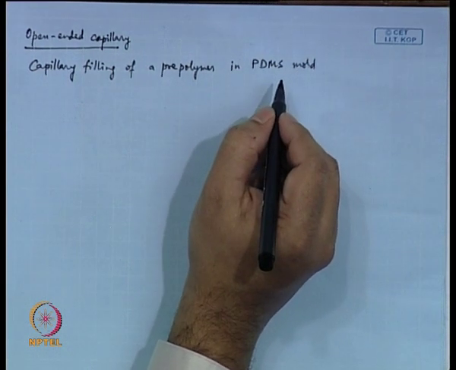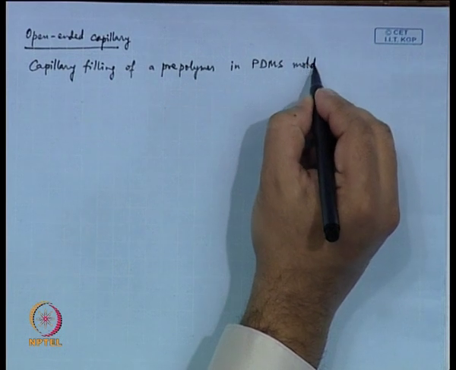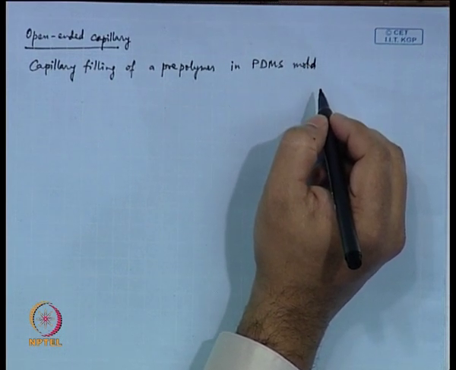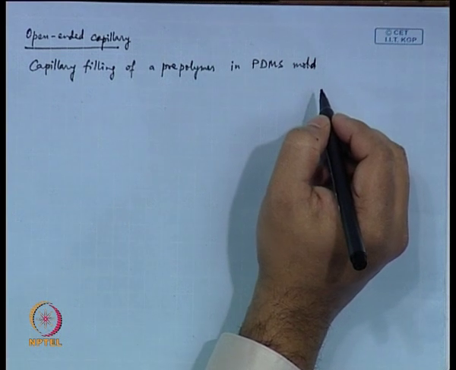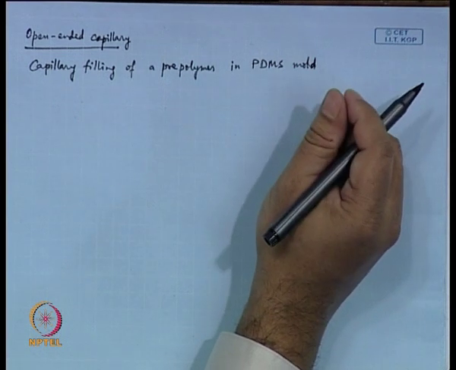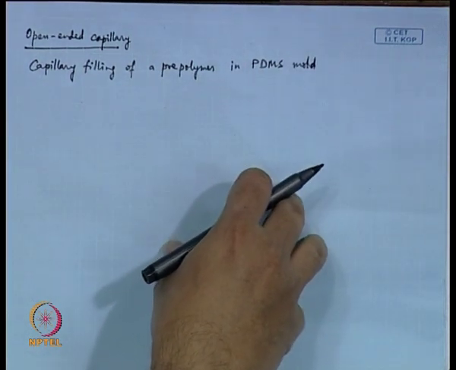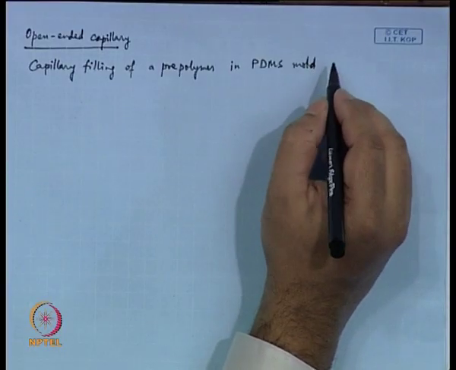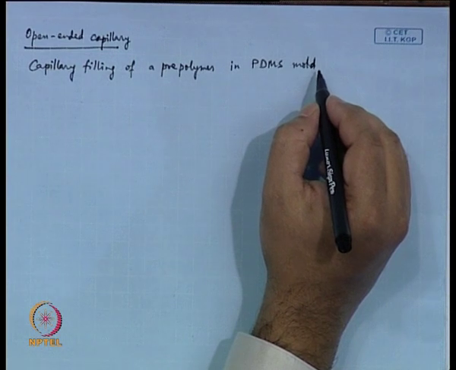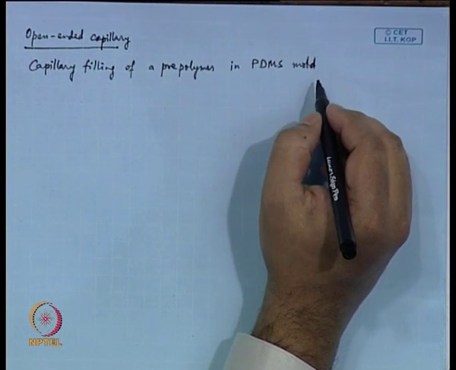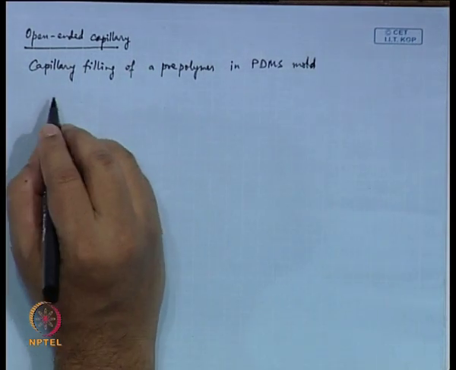So, here the mold is made of PDMS. You know the PDMS material is used for making microfluidic devices, but here I am talking about the mold that you are using being made of PDMS. You understand that is highly possible.